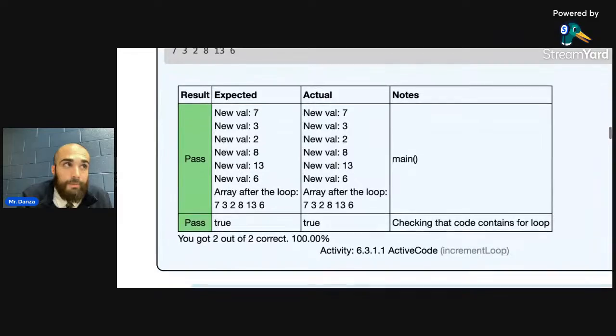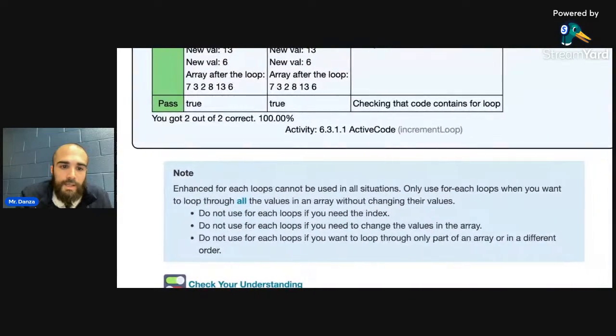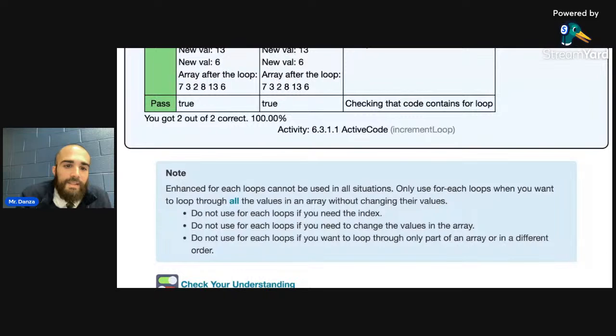Questions on that? It says, note that enhanced for each loops, you might see that word enhanced thrown out in front of it, right? Cannot be used in all situations. Only use for each loops when you want to loop through all the values in an array without changing their values.